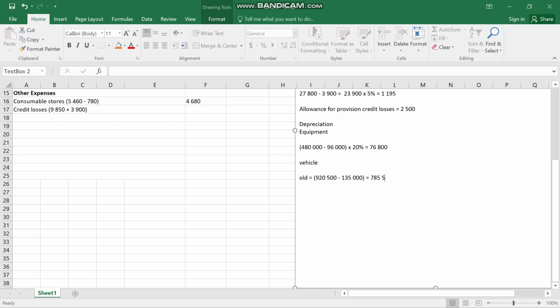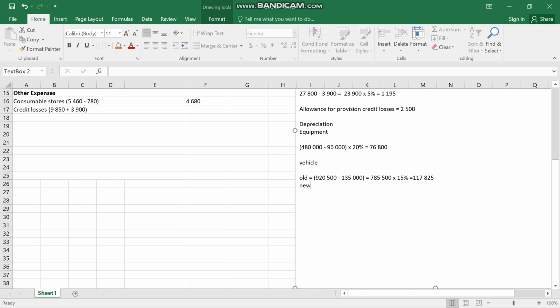Wherever you see it, when it says old, that's what you do. Then you multiply it by 15% because it's on carrying value. Then it gives you the depreciation for the old vehicle, which is 117,825.